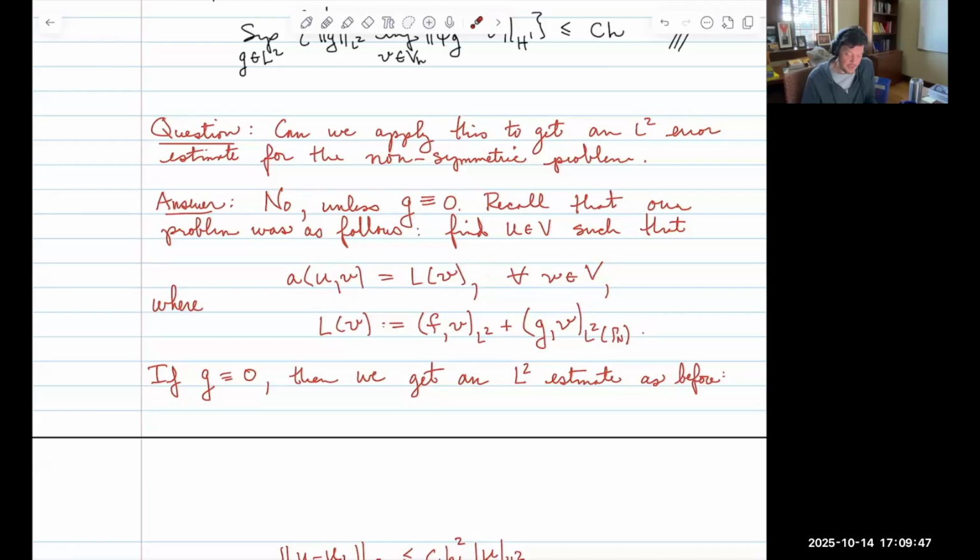We need it to be something like a(u,v) equals (f,v) in L2. And we have this extra term over there that the Aubin-Nitsche lemma doesn't know how to deal with. It's a different g here than in the Aubin-Nitsche lemma. But if g is equal to 0, then we can get an L2 estimate as before.